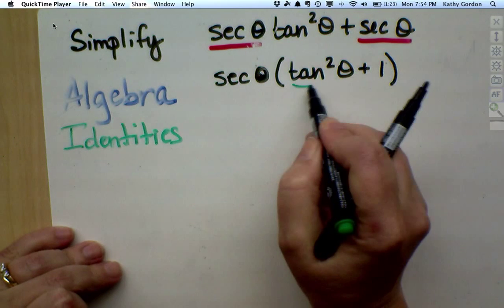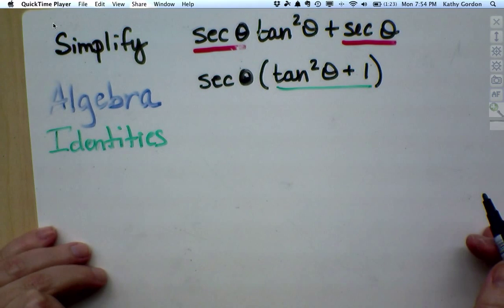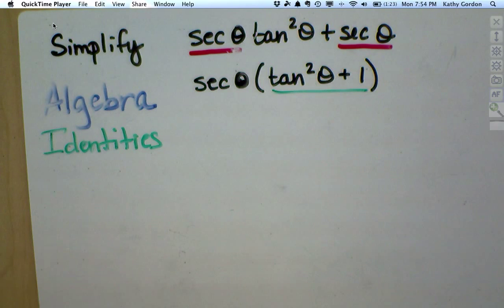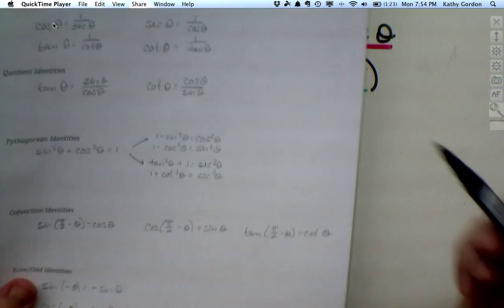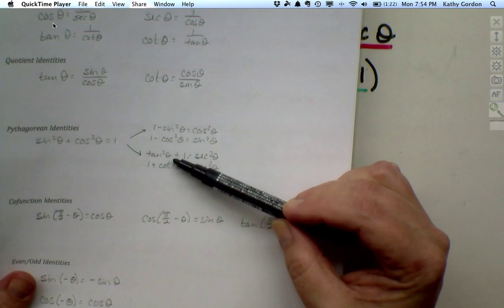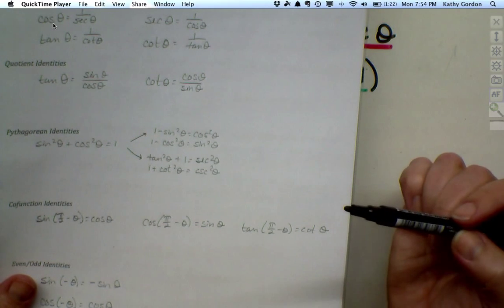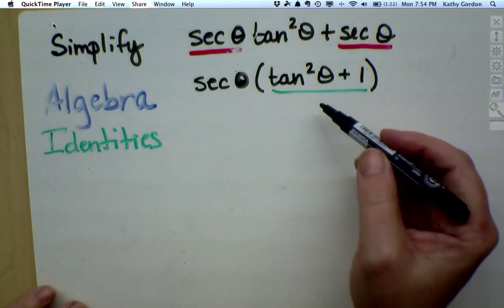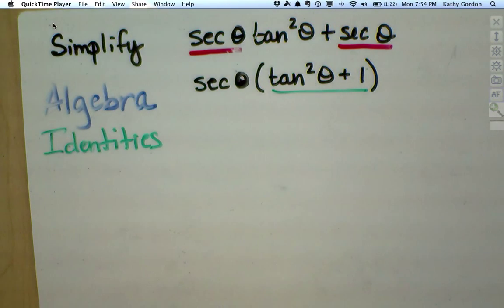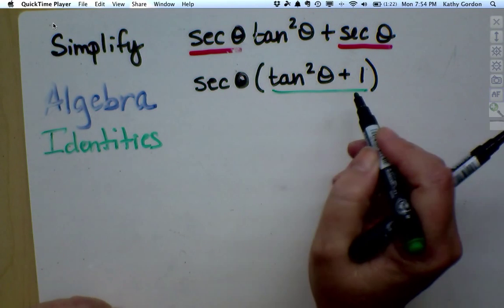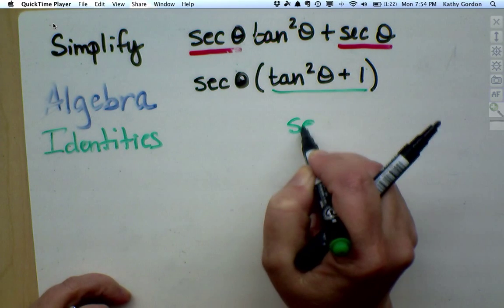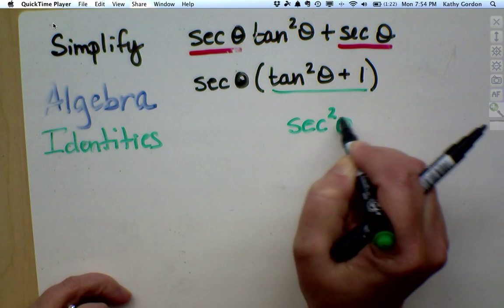Right here we have an expression that says tangent squared of theta plus 1. Based on our identities, we can see that tangent squared theta plus 1 is equivalent to secant squared theta. So I can replace the tangent squared theta plus 1 with a secant squared theta.